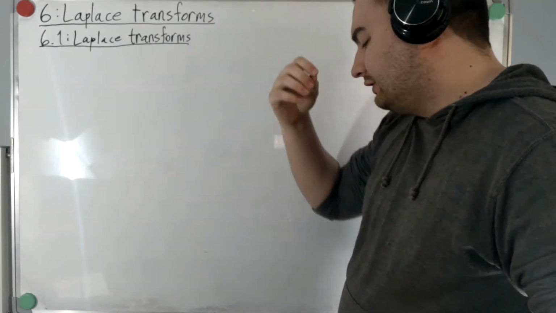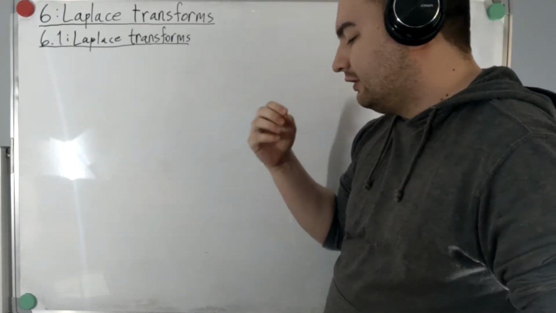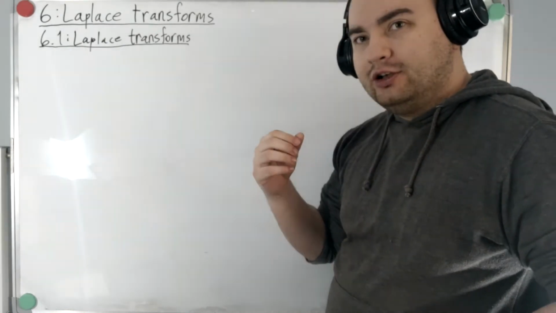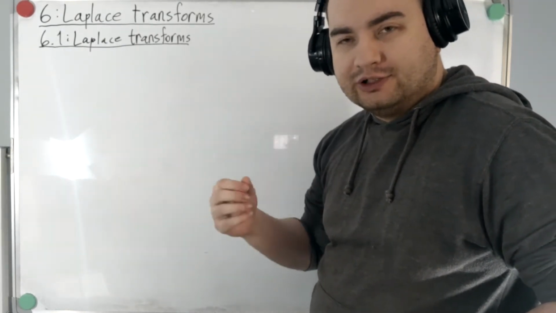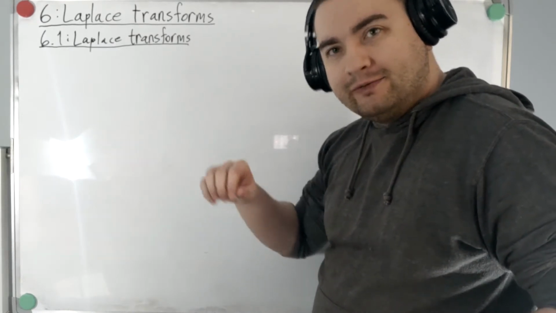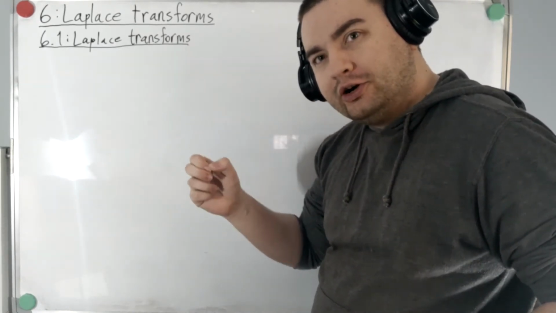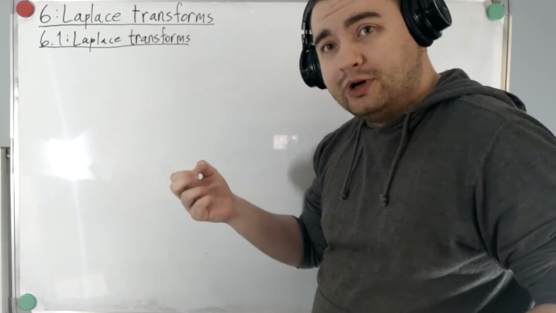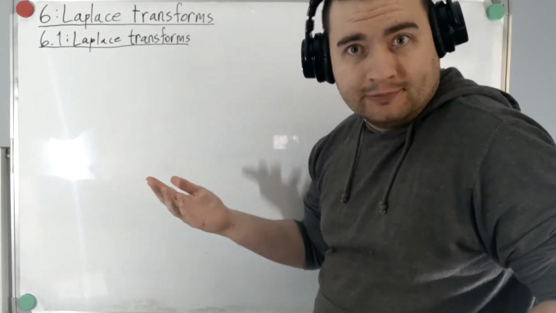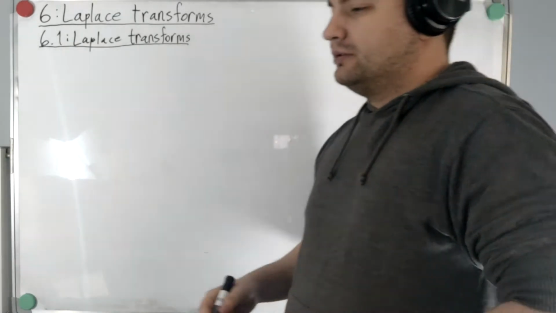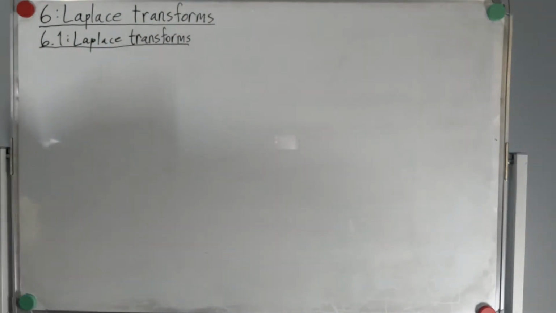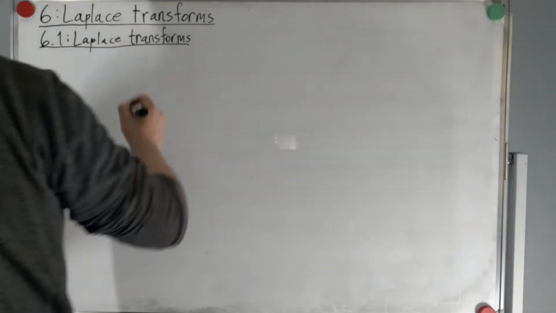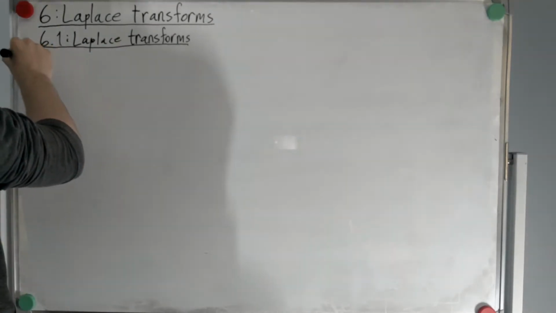Eventually, this is going to lead us to a method of solving linear ODEs with constant coefficients, even if the inhomogeneous term might not be differentiable or even continuous. But for now, we're just going to focus on what this thing is and how to compute it. So, definition.